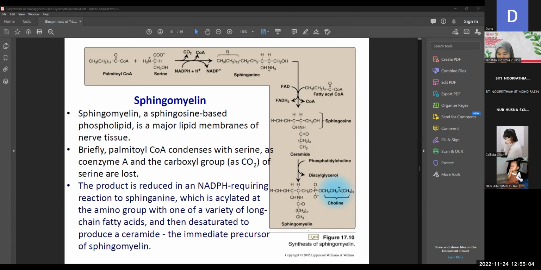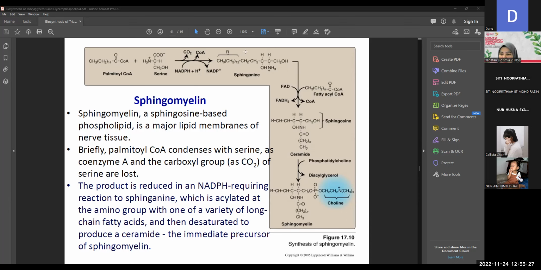Certain books have more details. This one is simplified. What I mean by simplified is that in the formation of sphingenin, certain books divide it into two.